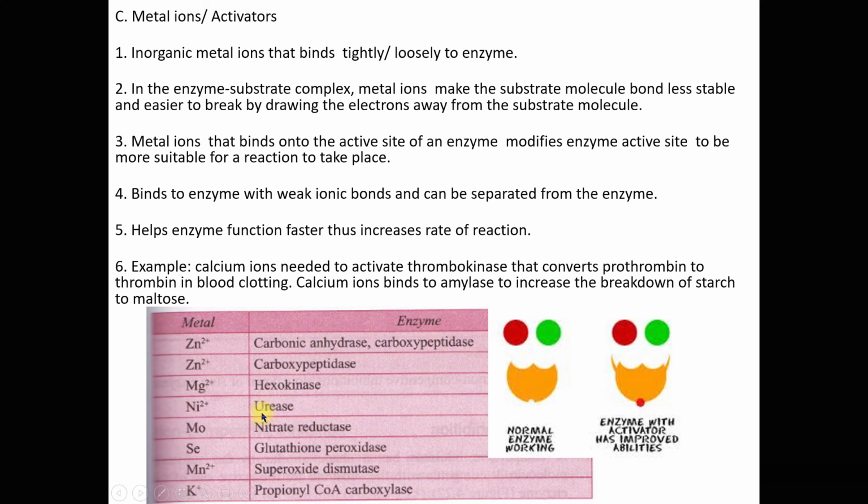And these are the enzymes. And teacher, do I need to memorize this? No need. What you need to know is the characteristic of these metal ions, that they can bind tightly or loosely to enzyme, and how these metal ions draw the electrons away from the substrate, which in turn causes the substrate molecules to be less stable and easier to break down.